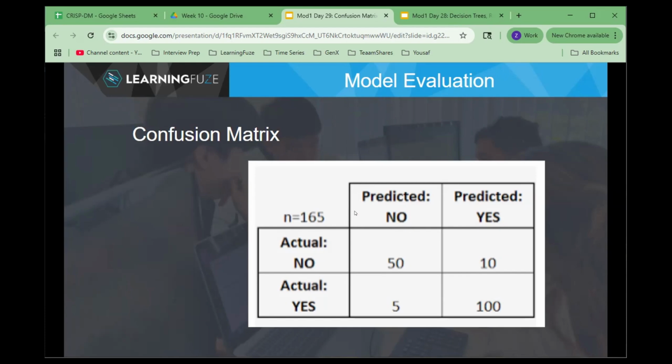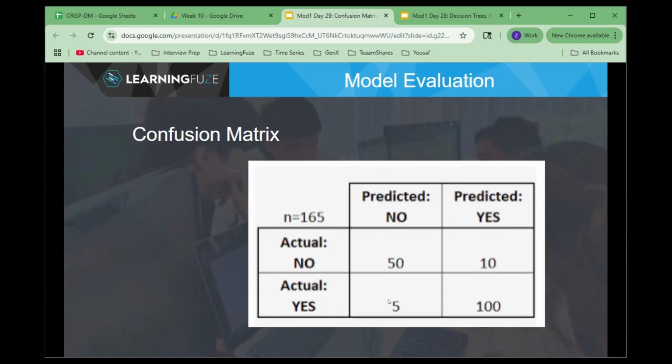You see where the actual is a no and the prediction is a no. You can see here that actual no and prediction no are common 50 times, so your algorithm was correct 50 times in predicting no. The actual no's in your data set are 50 plus 10, so your algorithm was wrong, too enthusiastic, and predicted 10 of the no's as yes.